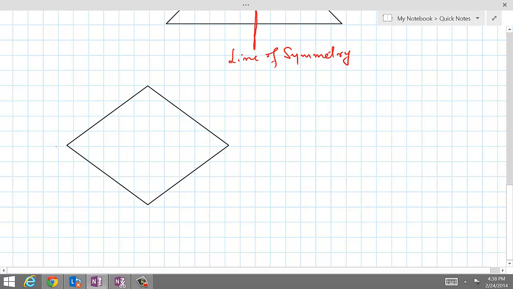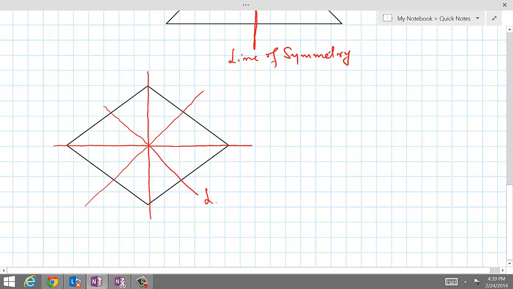In this figure, this is one line of symmetry, this is another line of symmetry, and this is another line of symmetry, and this is another line of symmetry. Therefore we have 4 lines of symmetry.